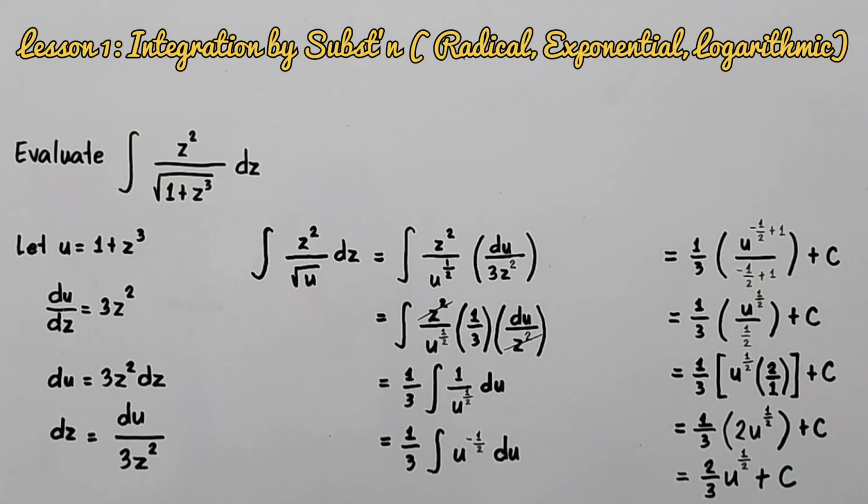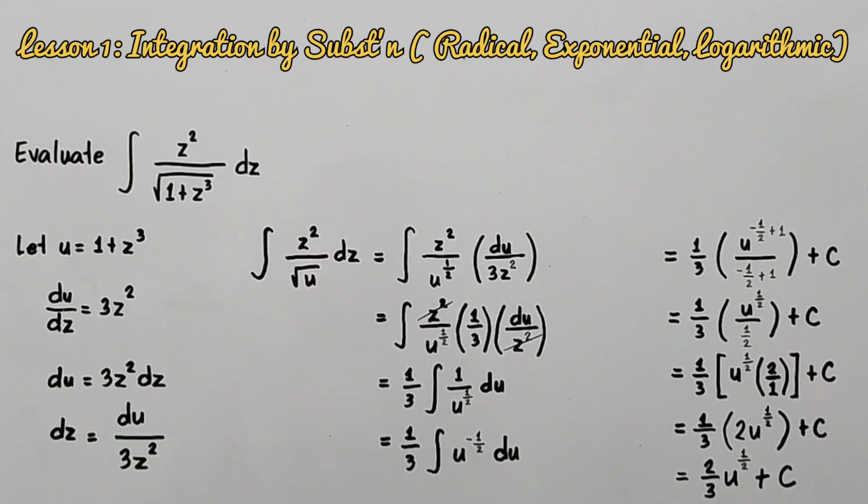We will now proceed to the process of anti-differentiation. Copy 1/3, u power negative 1/2 plus 1, and the denominator is negative 1/2 plus 1, plus c. For u power negative 1/2 plus 1, that is equal to u power positive 1/2. Our denominator is also positive 1/2, plus c. Get the reciprocal of the denominator 1/2, and that is equal to 2 over 1.